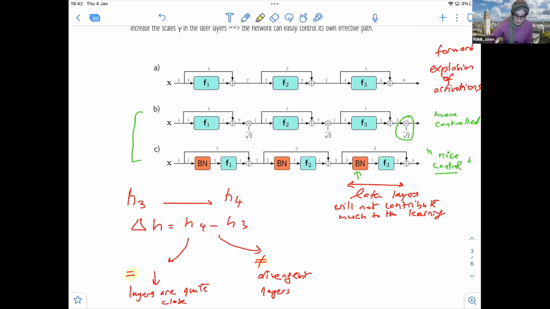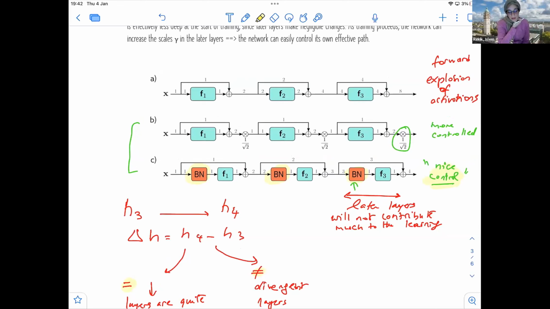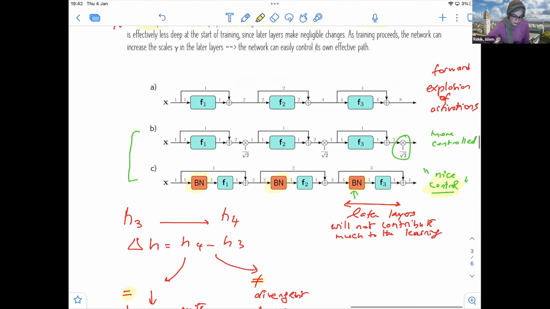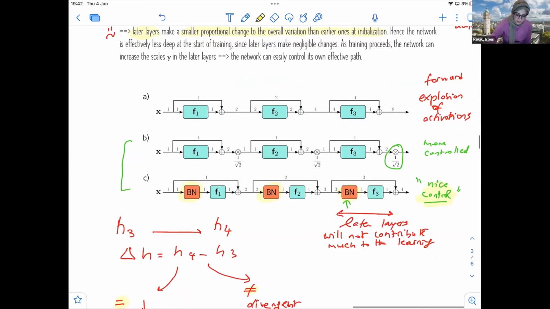So in this case, when we are controlling with BN, with batch normalization placed right here before the learned linear transformation and the nonlinearity, then we end up learning very well in the first layers, but the last layers will not learn very well because they're going to copy the early layers as they will have very similar distributions.